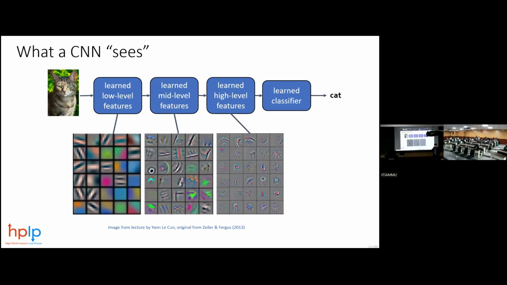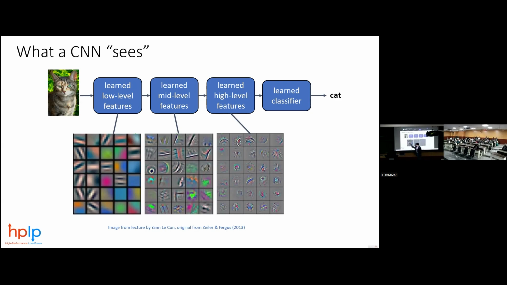These are some example images, visual representations of how some of these kernels look as you move deeper in the network.